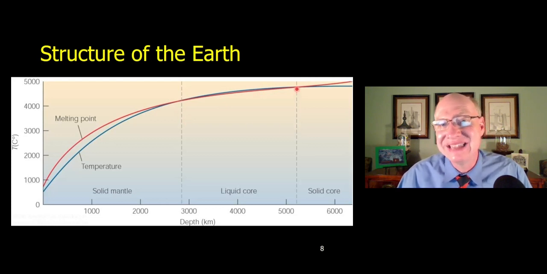But then, as the density increases as we get closer to the center, physics dictates that the melting point of the rocks, of the iron really at this point, increases, and the temperature is not that high, and that's why we have a solid inner core.